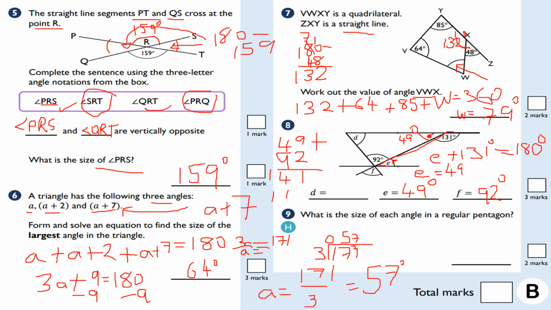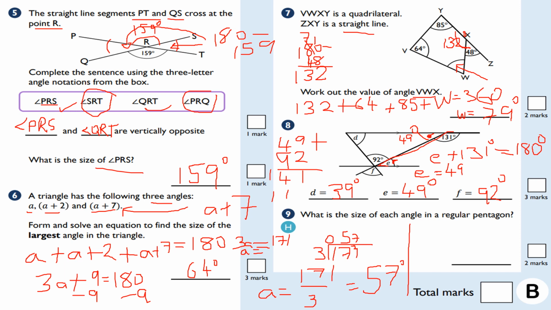So the answer is 141. Take that away from 180 and you get the answer of 39. Sorry, not 49, sorry. The answer would be 39. So D is equal to 39 degrees for that one. Okay, so that's my answer to question number 8.